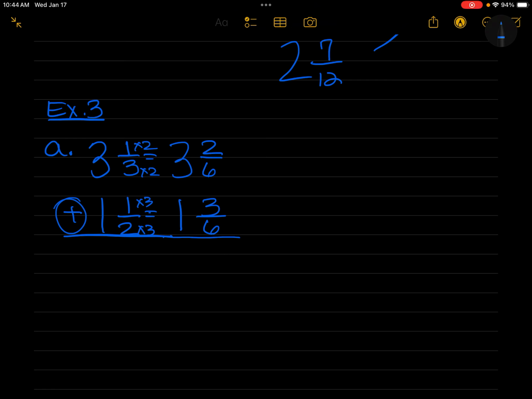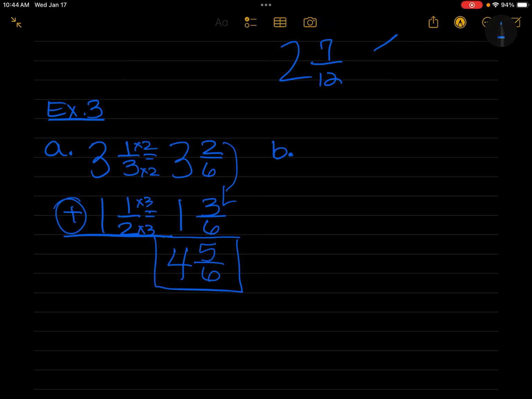That's probably more missed than even the borrowing, is that kids don't look at the add or subtract. If they've done a couple of adding, then they make their problem adding and don't look. So 3 plus 1 is 4. 2 plus 3 is 5, over 6. Can I simplify that anymore? No, that is in lowest terms. So that one is done. Hopefully you got that one right.